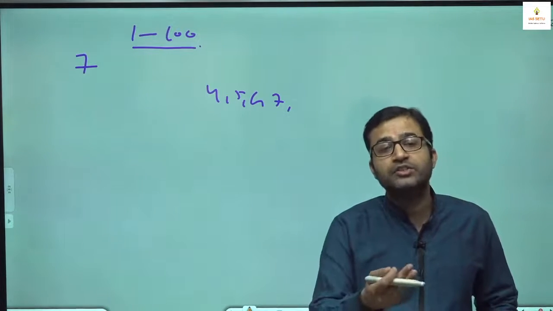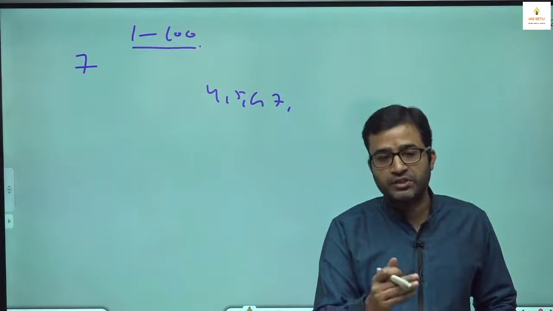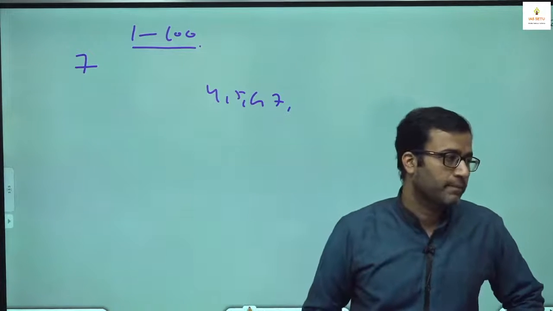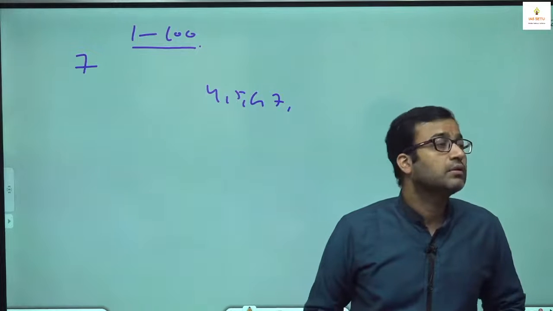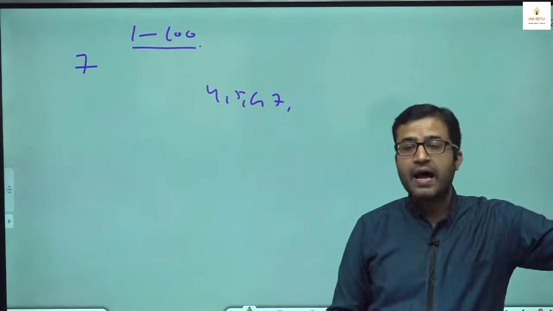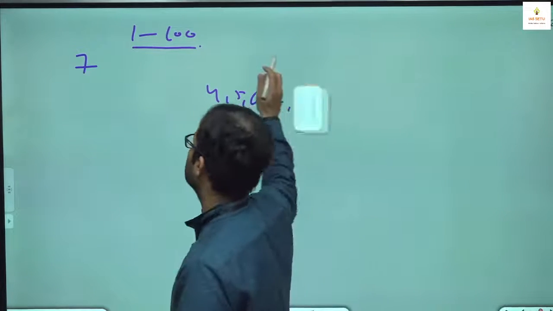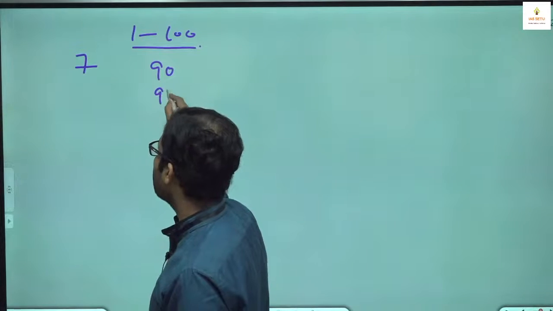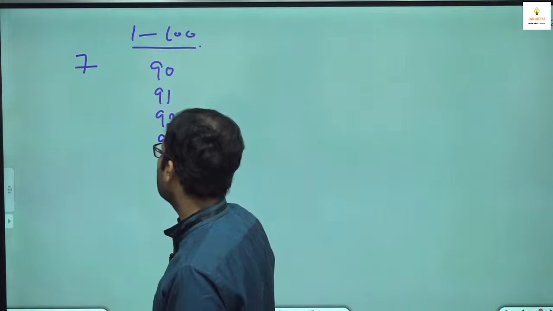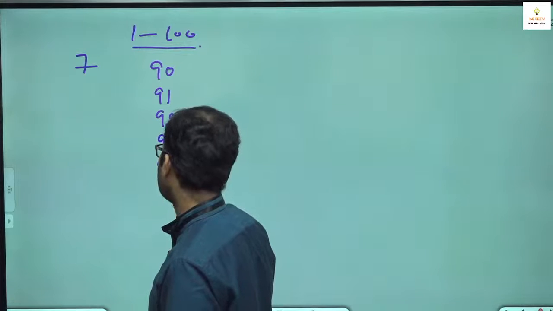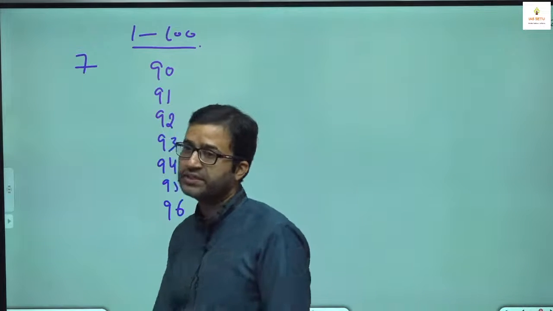मैं यही कह रहा हूँ, 4, 6 is not consecutive. Consecutive क्या होता है, 4, 5, 6. The answer is 90, 91, 92, 93, 94, 95, 96.